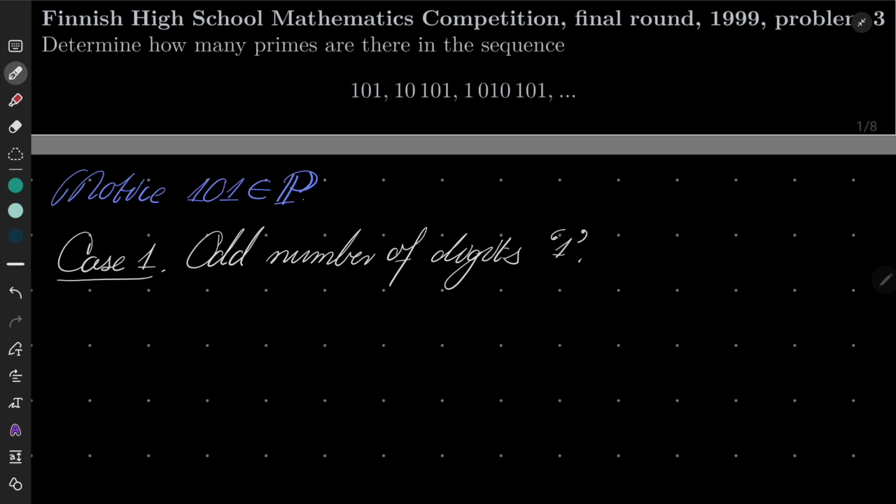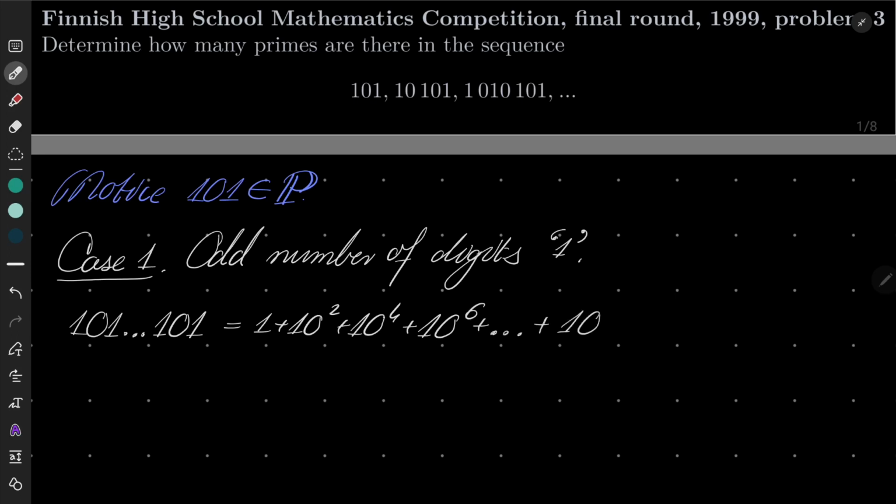What happens then? Well, since our number can be written in this way, in decimal system, it's 1 plus 10 squared plus 10 to the 4th plus 10 to the 6th power and so on and so on. And the last digit, it should be visible that the last exponent will be divisible by 4. Why is that?